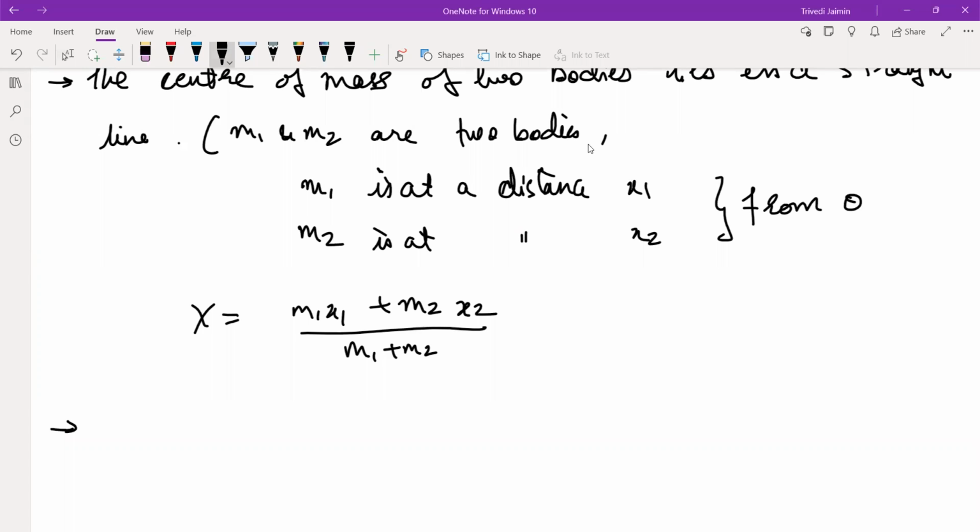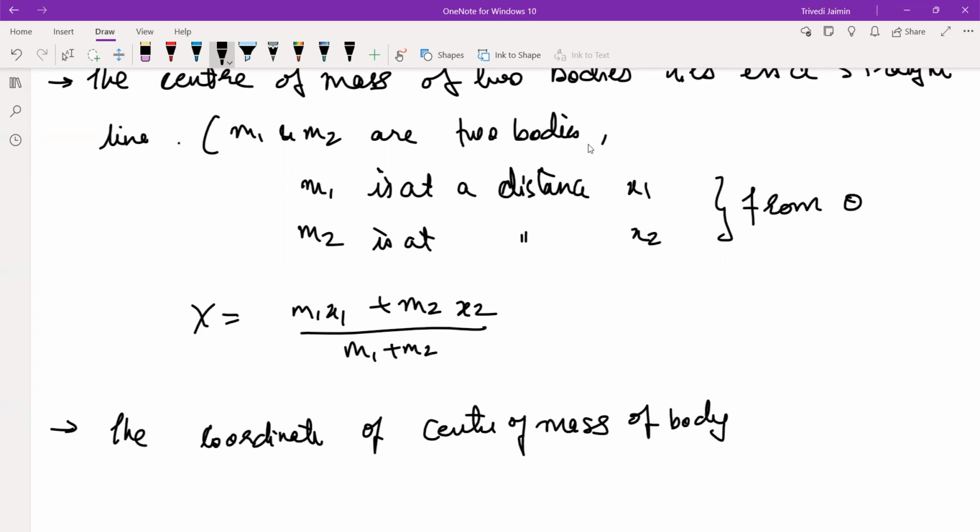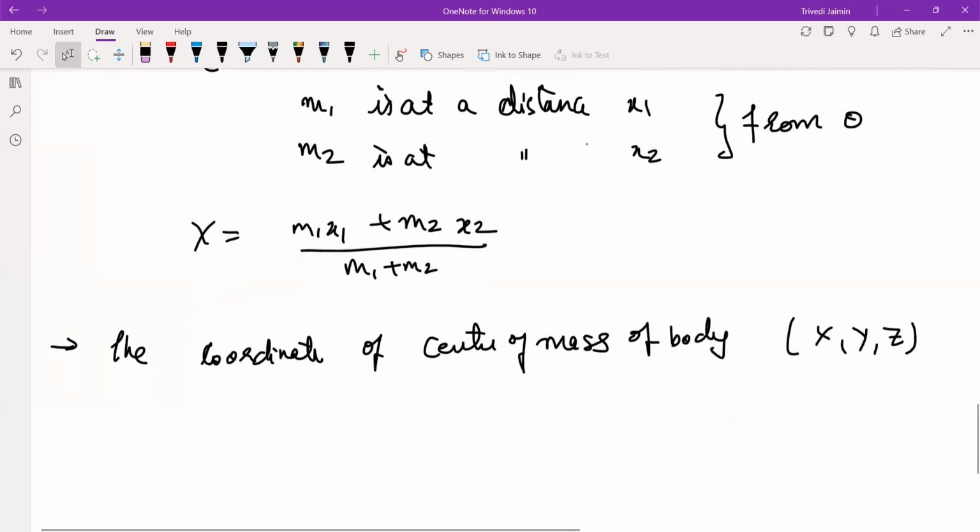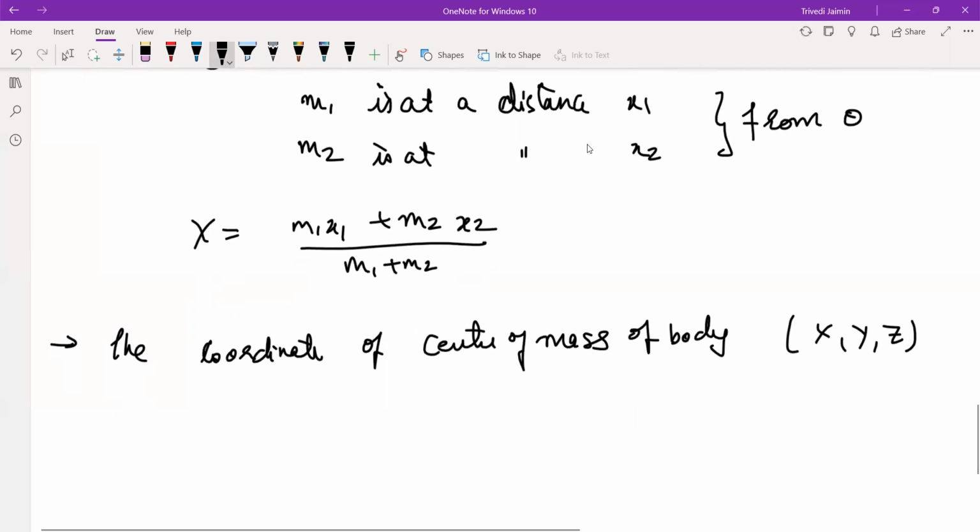Then if it is 3 dimensions, let's write about 3 dimensions. Coordinates of the center of mass of the body will be X, Y, Z. There's no difference, but instead of x1, x2, we'll take a point, subpoints.